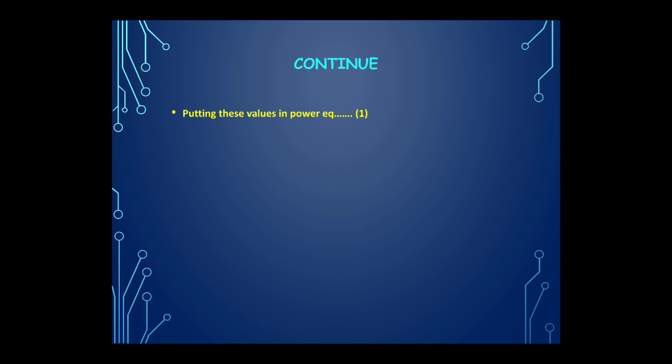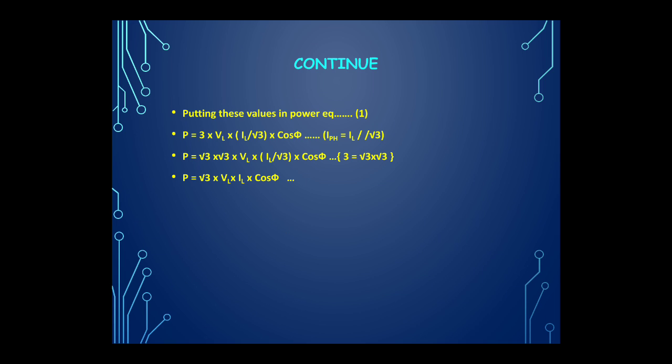Putting these values in the power equation, P equals 3 into VL into IL by root 3 into power factor, because IPH equals IL by root 3. So P equals root 3 into VL into IL by root 3 into cos phi, because 3 equals root 3 into root 3. From there P equals root 3 VL IL cos phi.